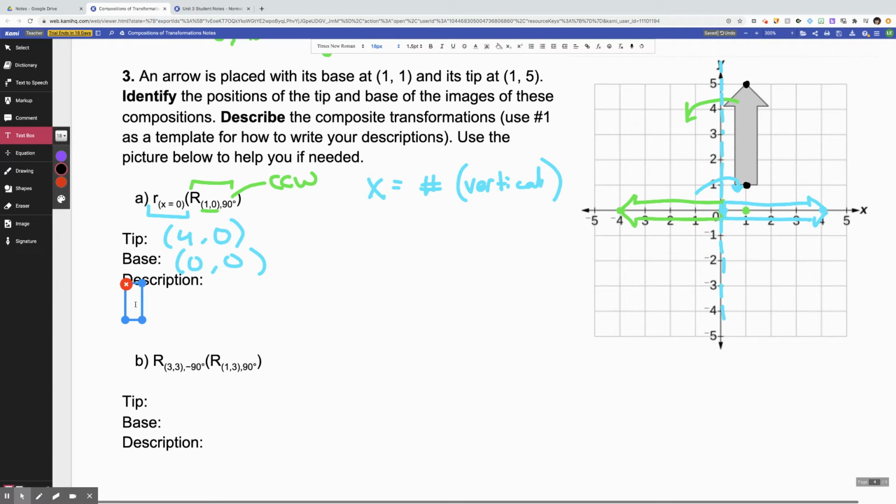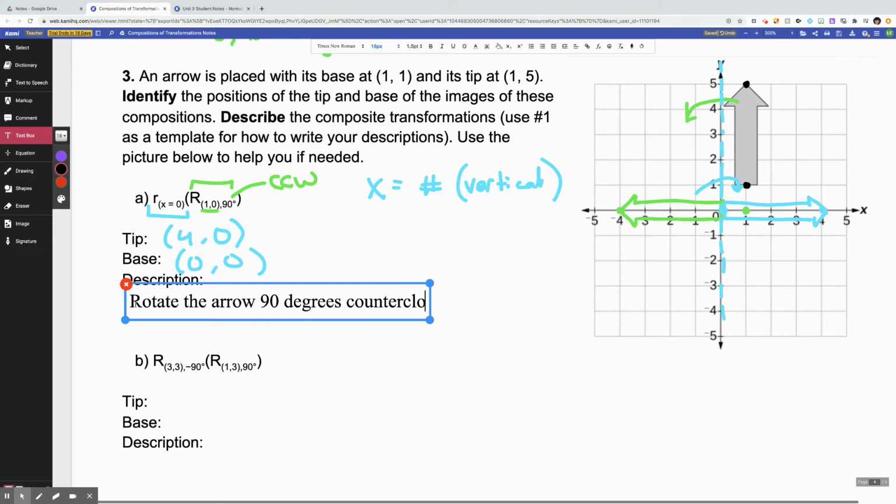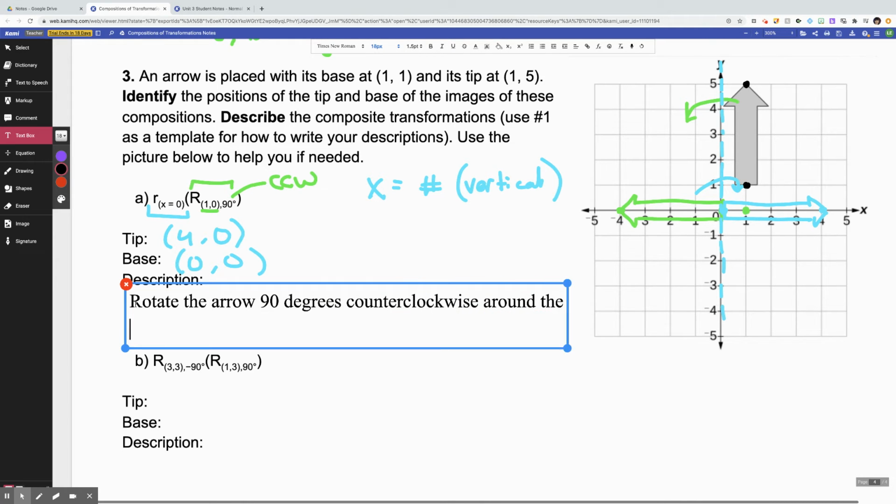It would be: rotate the arrow 90 degrees counterclockwise around the point 1, 0, then reflect it over, you could either say the line x equals 0 or you could say the y-axis.